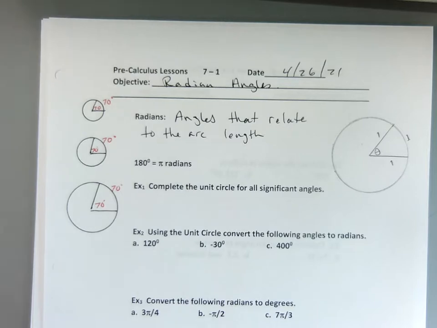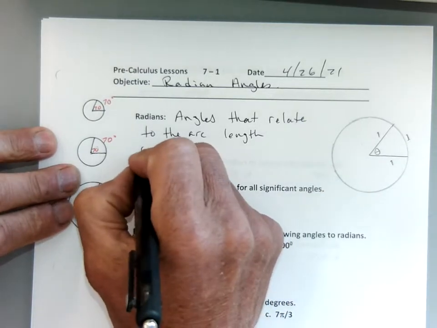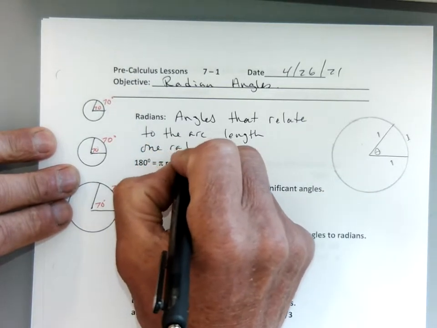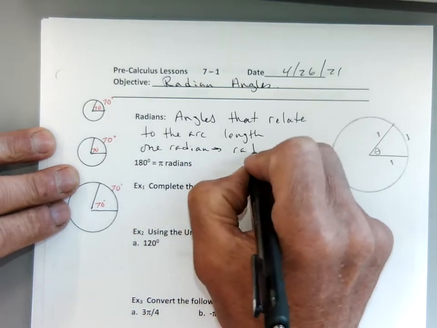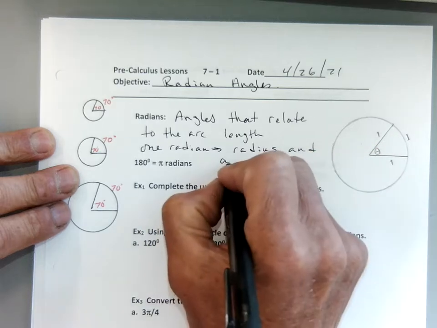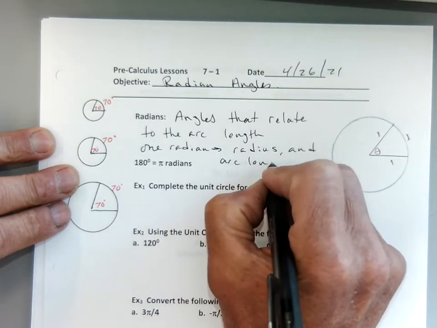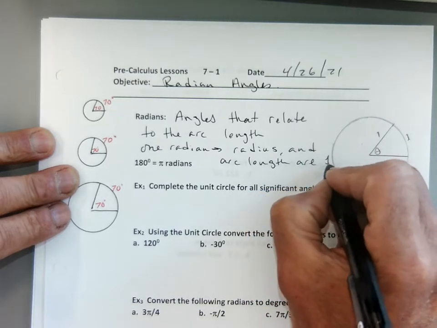And we do now. 1 radian is where the radius and arc length are 1 unit, okay?